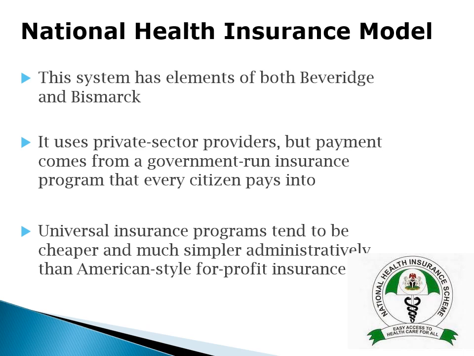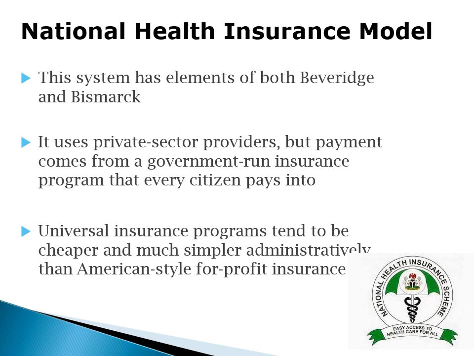Now, the National Health Insurance model has elements of both the Beveridge and Bismarck models. It uses private sector providers, but payment comes from a government-run insurance program that every citizen pays into. This is also known as a single payer model. So essentially, the government's the only source of health insurance.